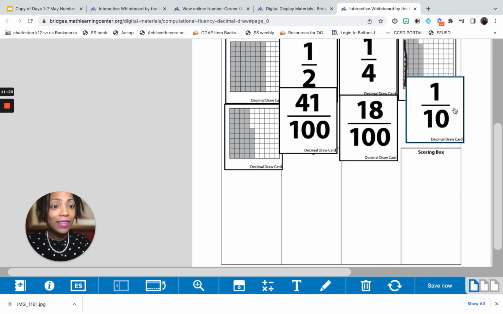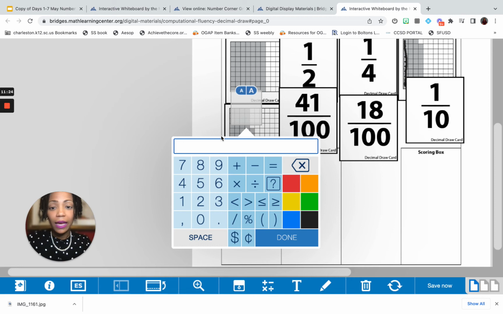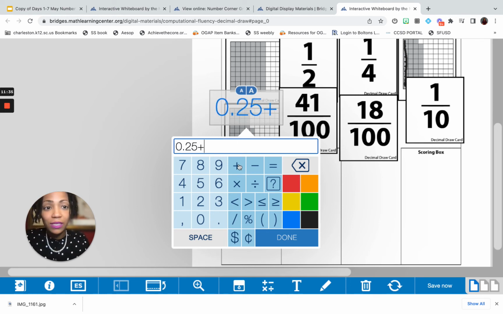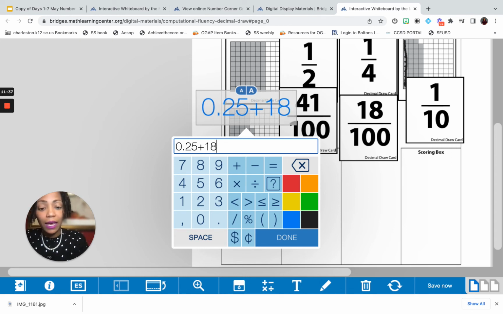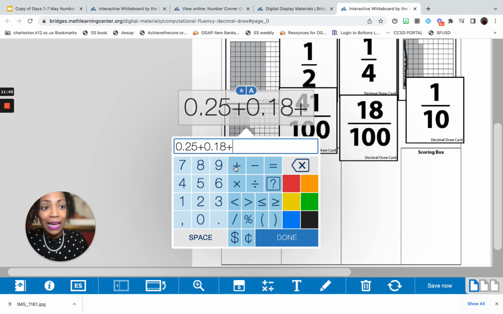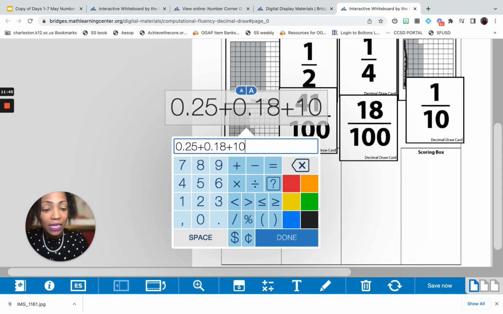So, that means, here's what mine would look like. I have 1/4, which we know, think about quarters, 25 cents of a dollar. So it is 25 hundredths, plus I had 18 hundredths, plus I had 10 hundredths.